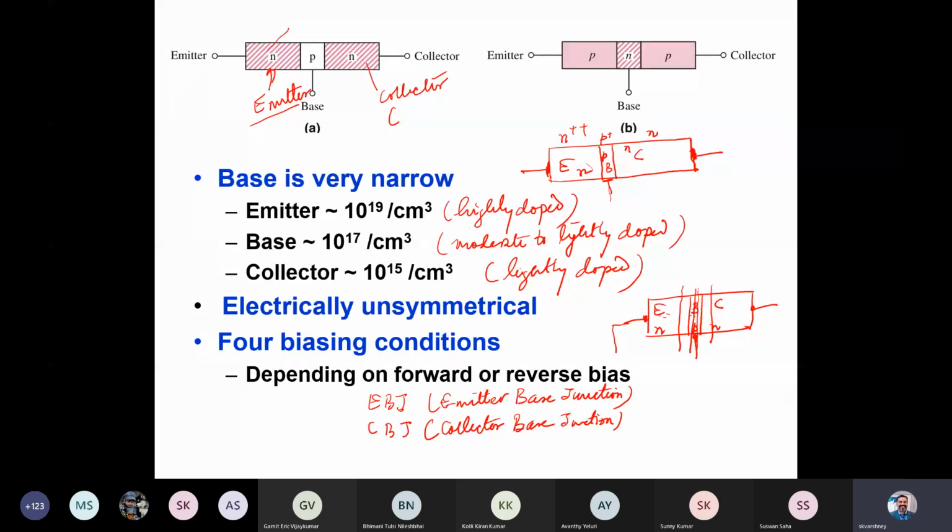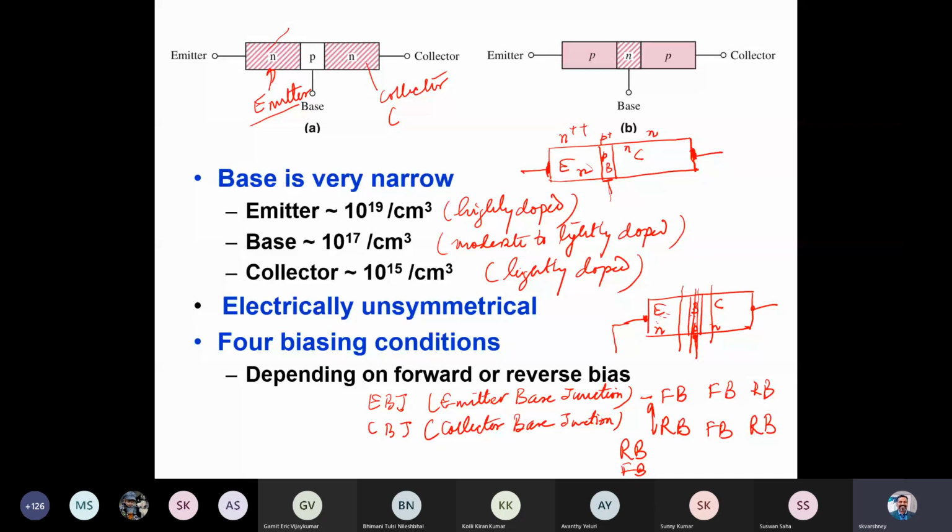Depending on how we connect them, four biasing conditions are feasible. The emitter to base can be forward biased and the collector to base reverse biased. Or the emitter to base can be forward biased and the collector to base also forward biased. Or the emitter to base can be reverse biased and the collector to base forward biased. And the fourth is both reverse biased.